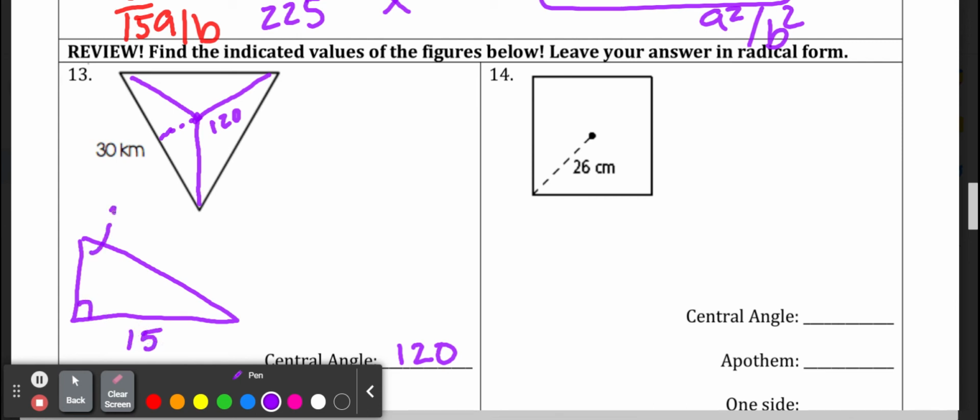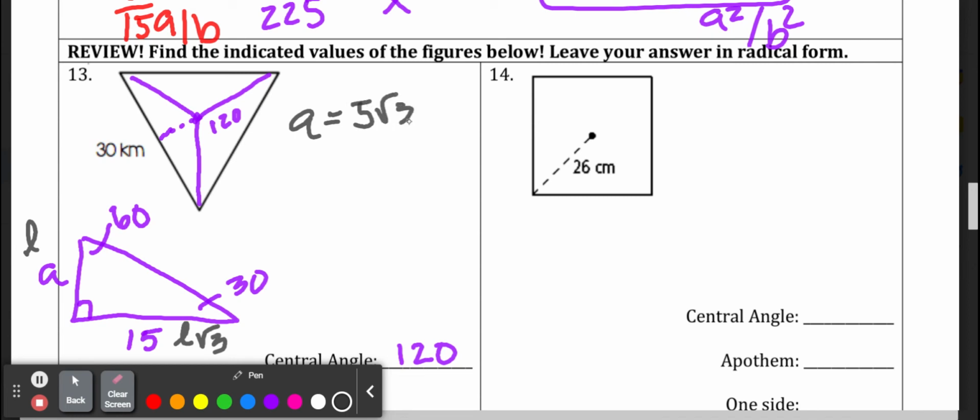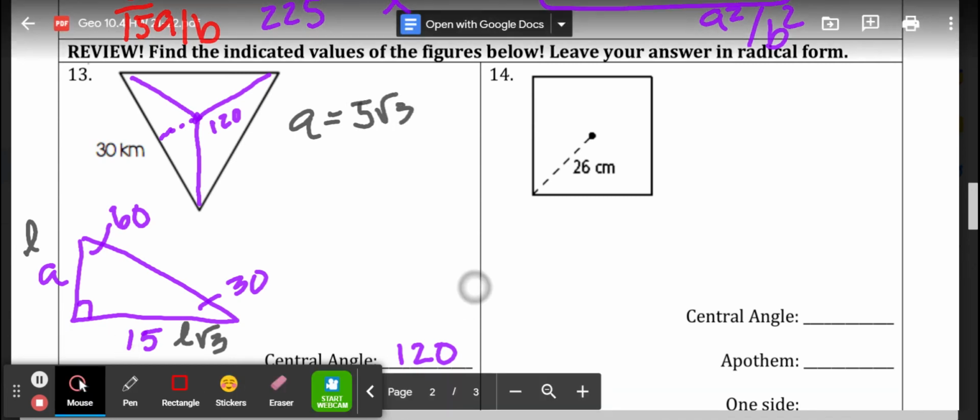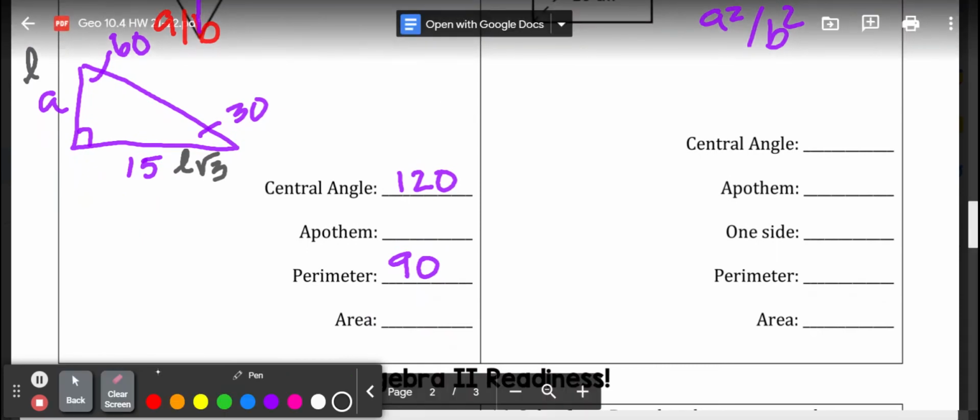This angle is 60 because that 120 got cut in half. So I need to find the apothem, which is over here. The good news is this is L rad 3, and this is just L. So if you divide by 3 and multiply by rad 3, the apothem must be 5 rad 3, which is perfect because that should make my life pretty easy.